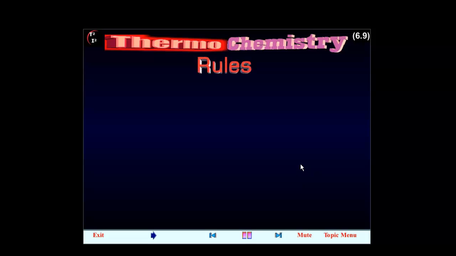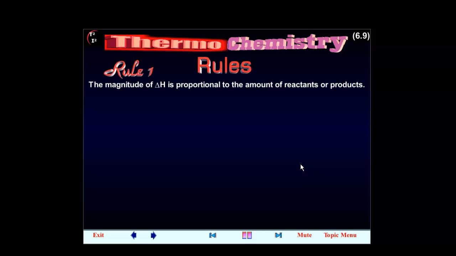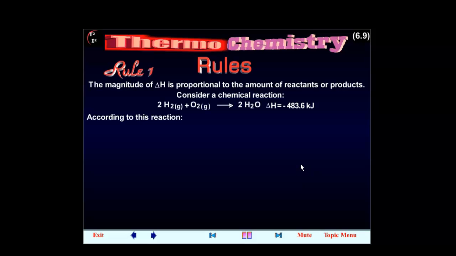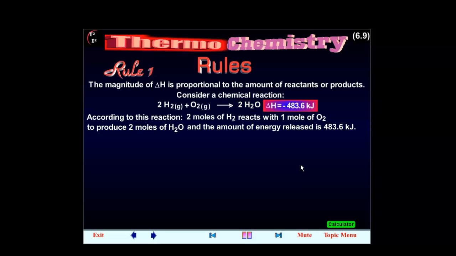Thermochemistry rules. Rule 1. The magnitude of delta H is proportional to the amount of reactants or products. Consider a chemical reaction. According to this reaction, 2 moles of H2 reacts with 1 mole of O2 to produce 2 moles of H2O, and the amount of energy released is 483.6 kilojoules.